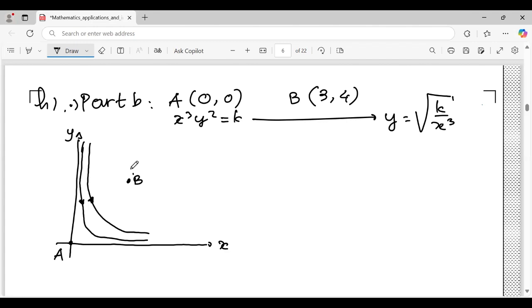So the trajectories are like this, ellipses, and the direction like this.